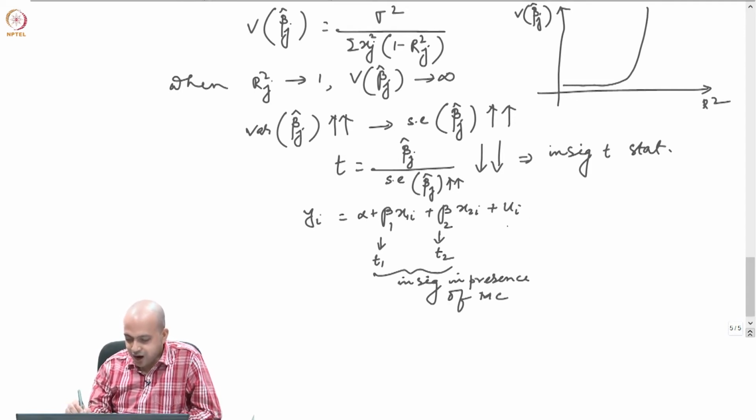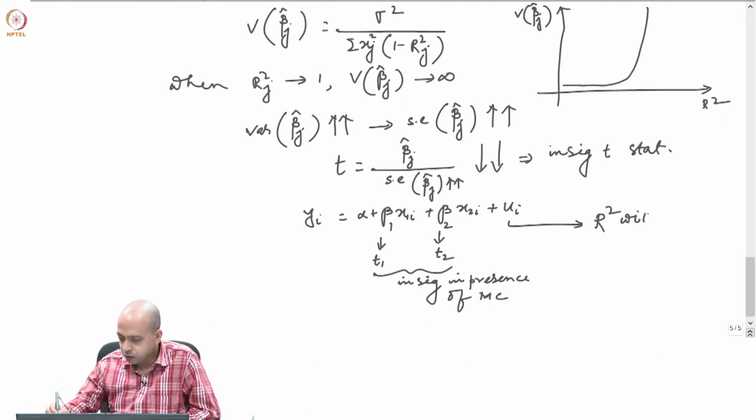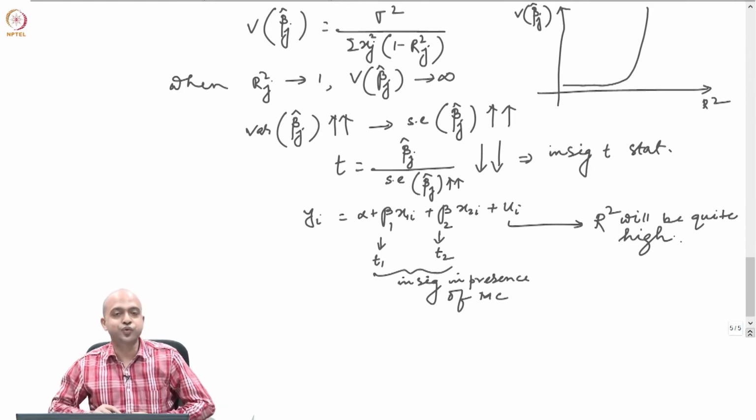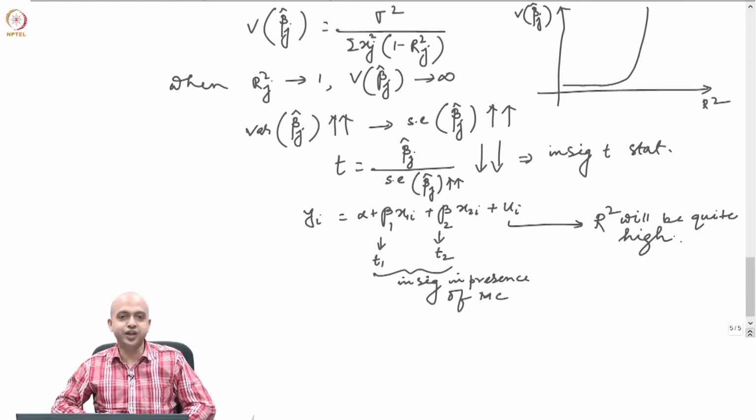But the R square you get from this model will be quite high. So, this is the classic symptom as well as consequence of multicollinearity.